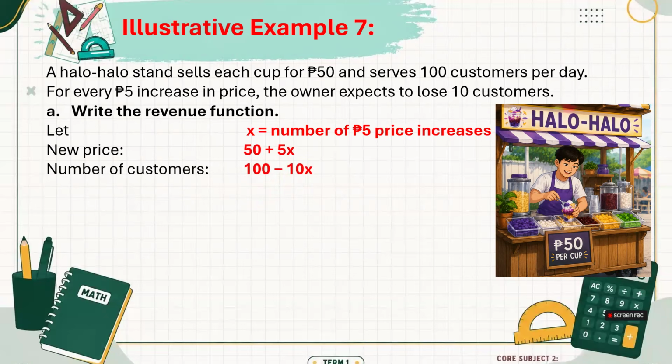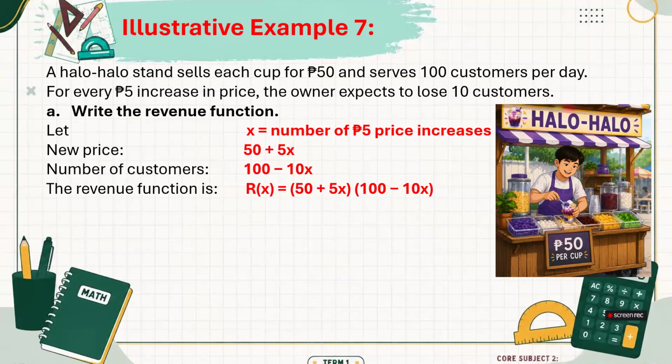So remember the revenue function. Revenue is price times the number of customers. So we need to multiply, for the revenue of x, the new price, which is 50 plus 5x, and the decrease of customers, which is 100 minus 10x.